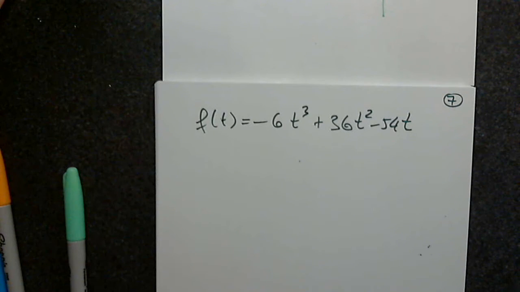Okay, so we're asked to find the velocity at time t. So t is measured in seconds and s in meters. Okay, 1 minute. Let's talk about that.